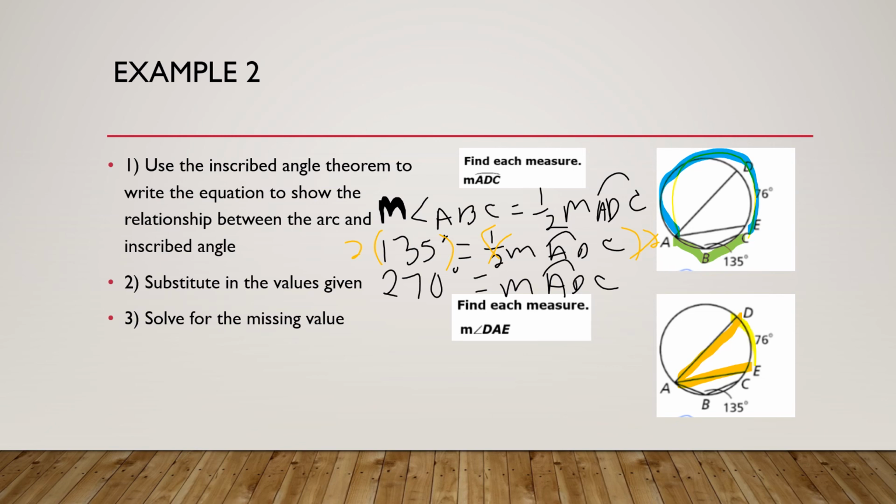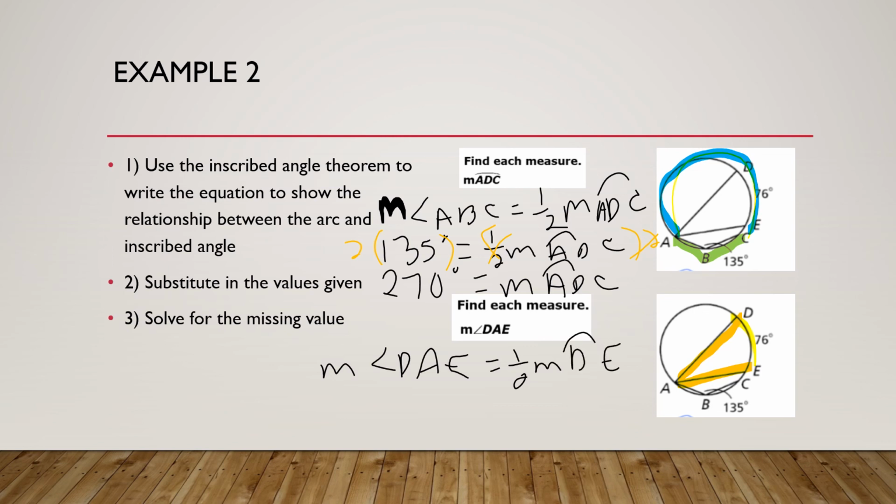So we're going to write down our inscribed angle theorem. The measure of the inscribed angle DAE is going to be equal to half of the measure of the intercepted arc DE.